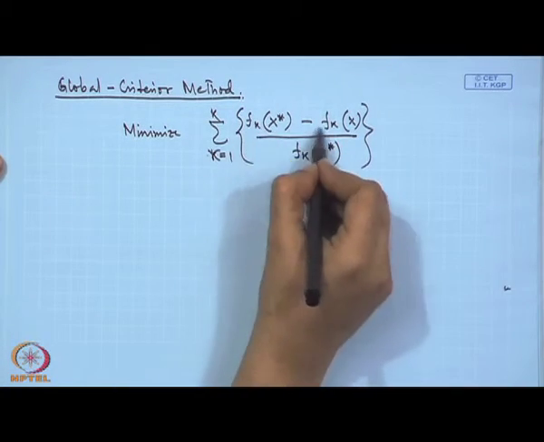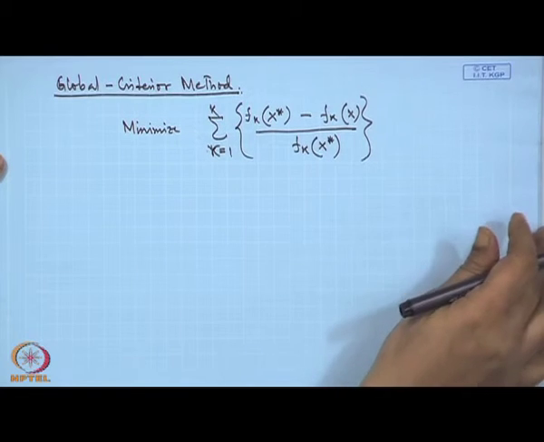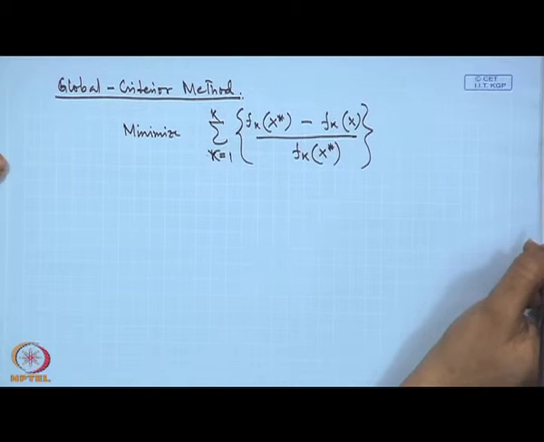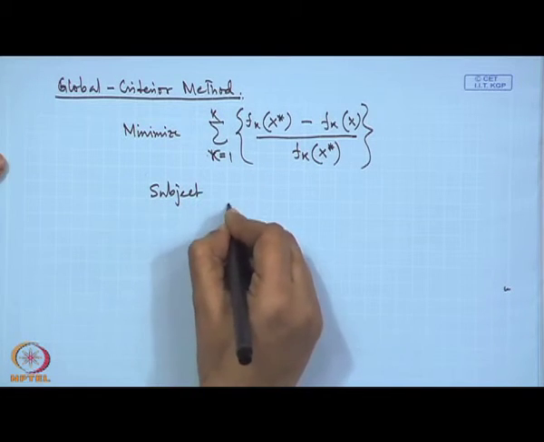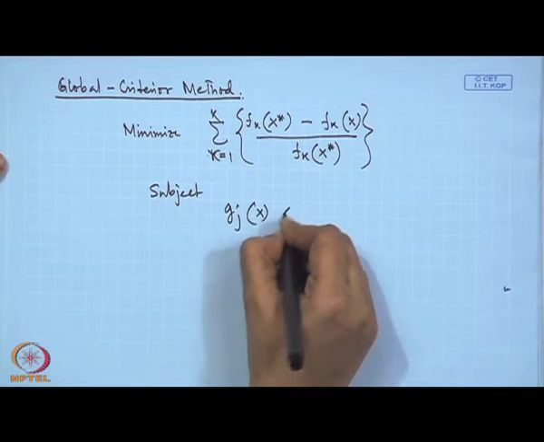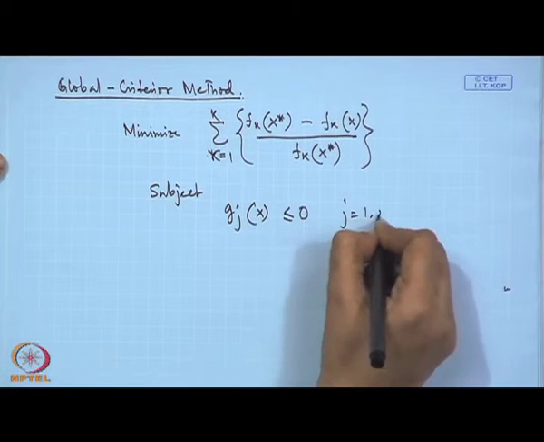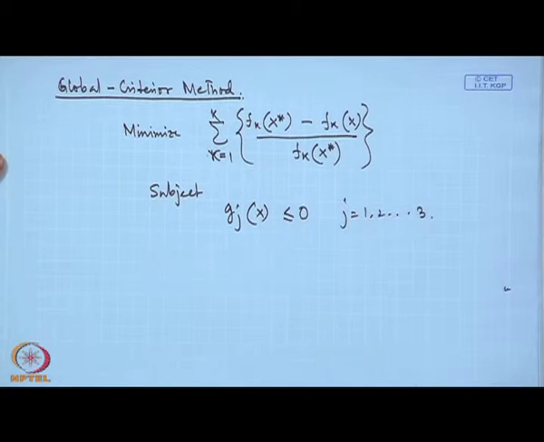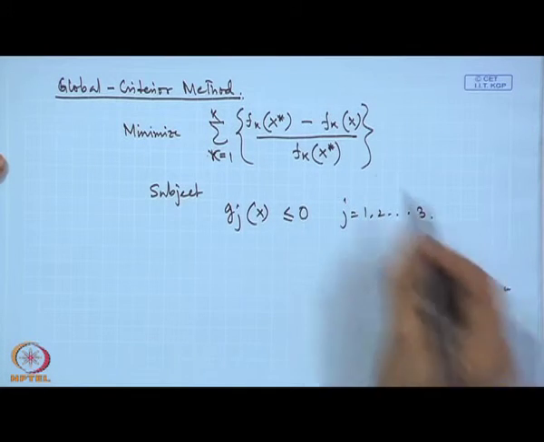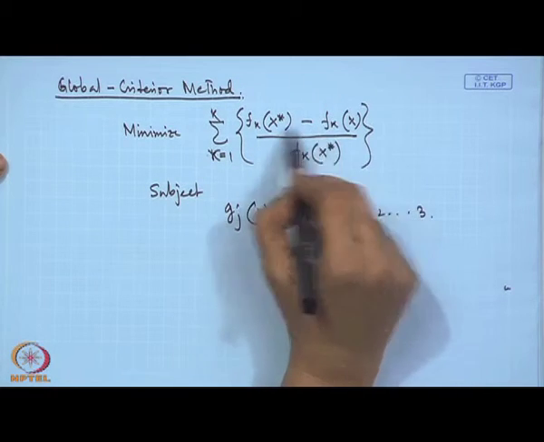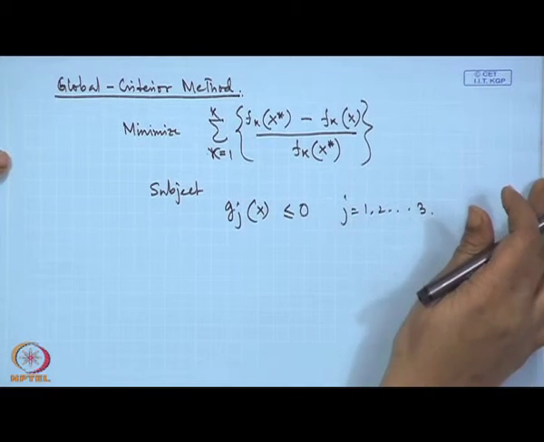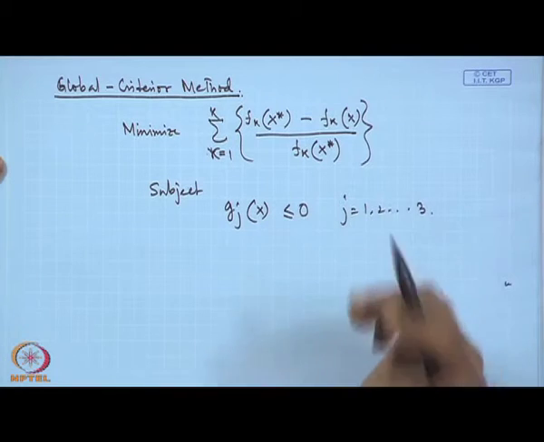That means the difference must be minimum, we expect that all together. And somewhere on the non-dominated frontier, we consider this situation subject to the set of constraints g_j(x) less than or equal to 0, that means the feasible space is formed with these restrictions. Then on the feasible space somewhere we will get the solution where this difference will be minimum, this ratio will be minimum for all objective functions together.